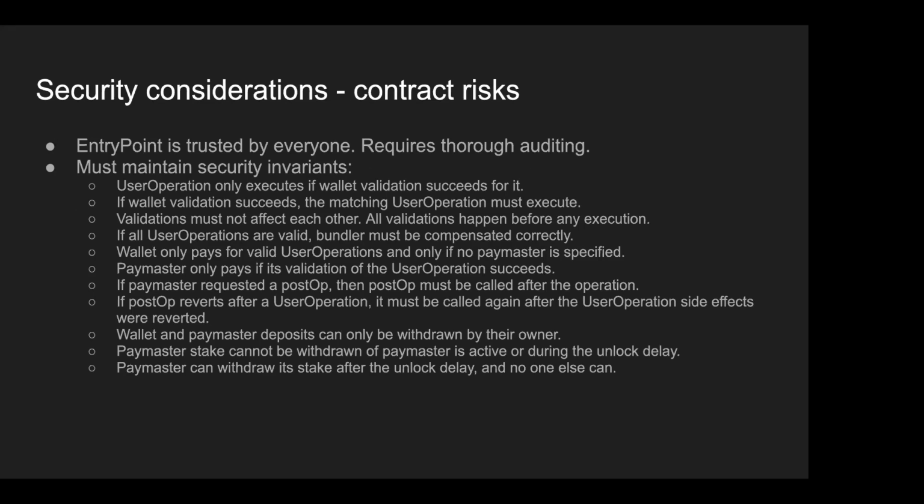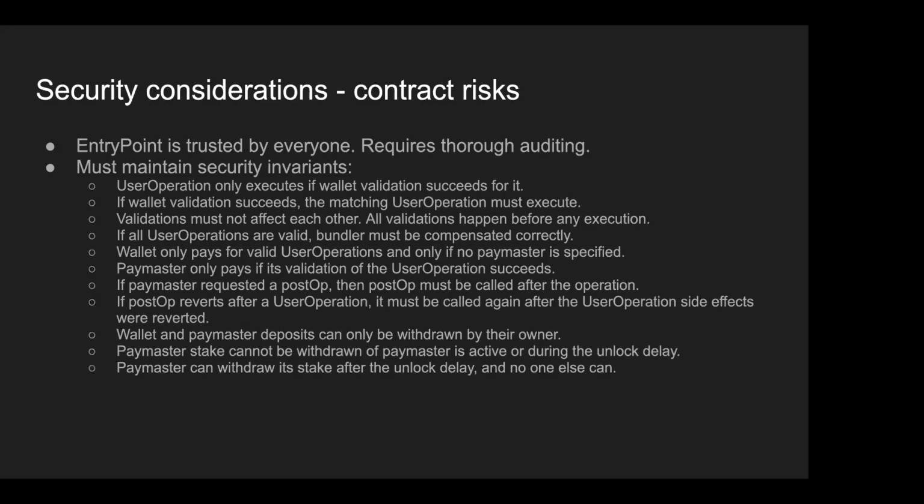So probably the most important thing in this proposal is the security considerations. And we have some security considerations around the smart contract and others around the mempool. So let's start with the smart contract. The entry point is trusted by everyone. It is trusted by bundlers to properly compensate them for the bundle. It is trusted by the wallets, most importantly, because the wallet fully trusts it to execute operations on behalf of the wallet's owner.